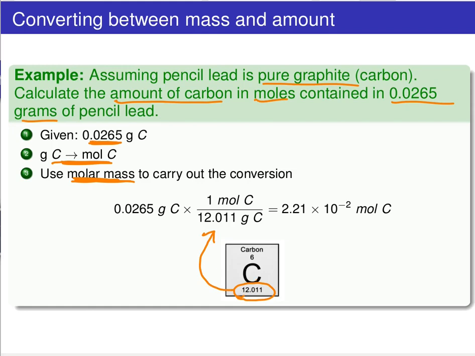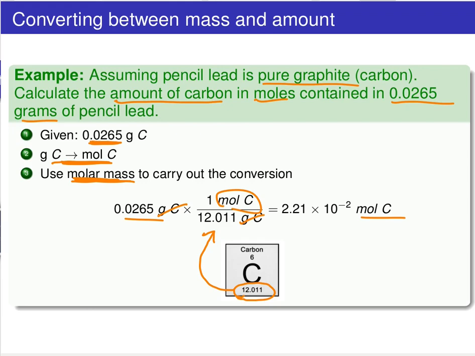The average atomic mass of carbon is 12.011 grams per mole, so we are going to divide the given mass of pencil lead by that molar mass of carbon so that the grams of carbon cancels out and we will be left with moles of carbon. So doing the math, we are going to arrive at a final answer of approximately 2.21 times 10 to the minus 2 moles of carbon. Okay, so here's an example of just a simple one-step conversion.